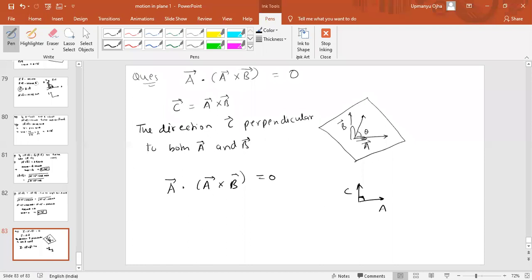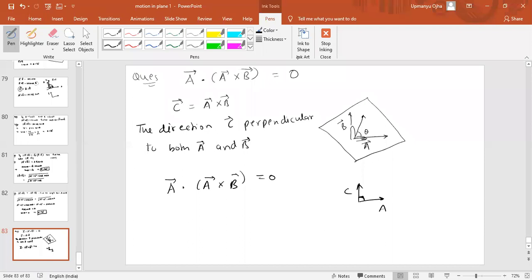Okay. Mathematically, how do you want me to prove? No, logically we can prove this. Logically we can say that C vector is perpendicular to both A and B, which means angle between C and A is 90 degree. How can I say perpendicular? You take a piece of paper, draw the two vectors A and B on it, and then take A cross B. You put your finger on A, rotate the finger towards B. Where is your thumb pointing?